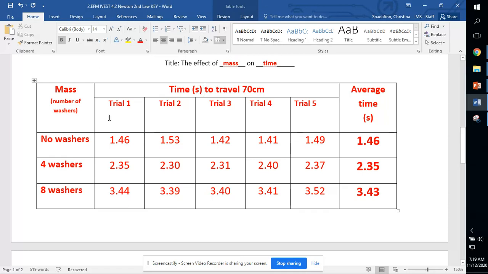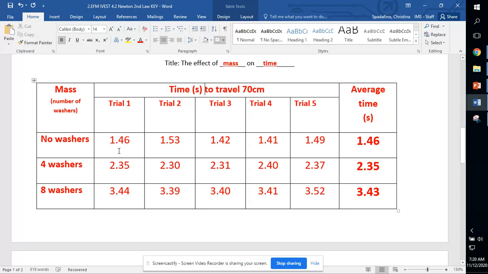So we timed a specific distance. The distance was kept constant in this investigation, but we measured the time. We did not measure distance. We measured the time it took from start to finish, which was 70 centimeters.